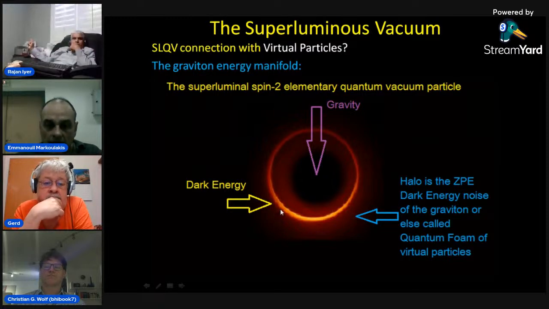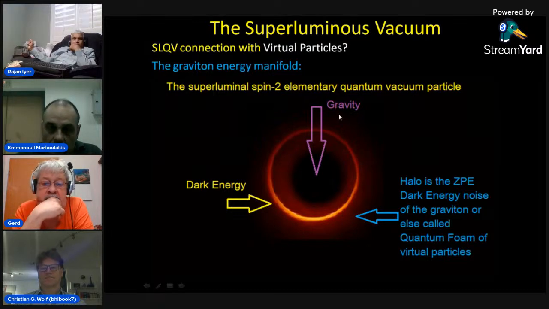And we cannot observe or measure this because of the superluminal spin, the revolution here, the very energetic photon ring here. Because of the superluminal speed, we cannot directly observe or measure this energy. So this energy is hidden. This is the dark energy, this very bright energetic ring.